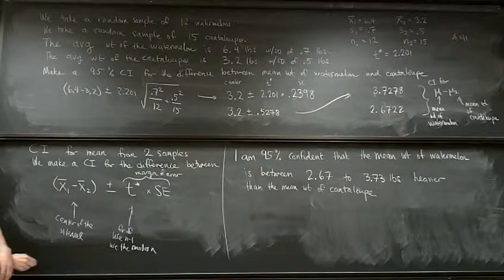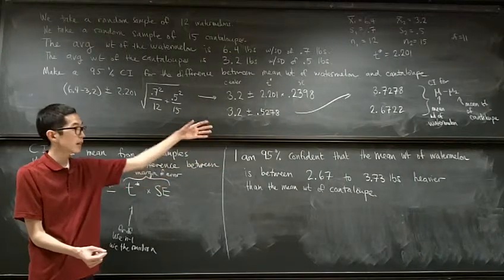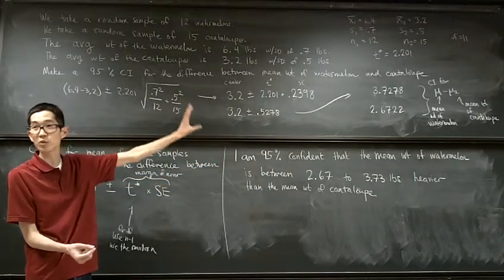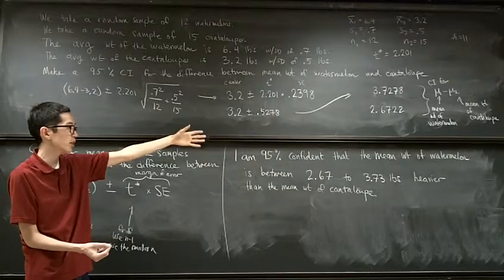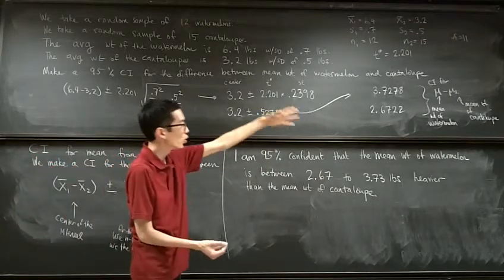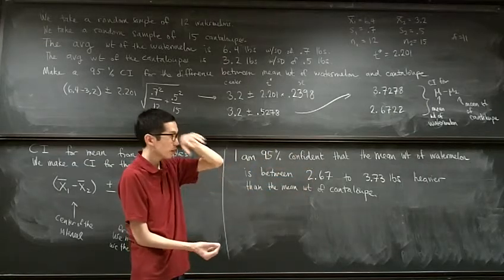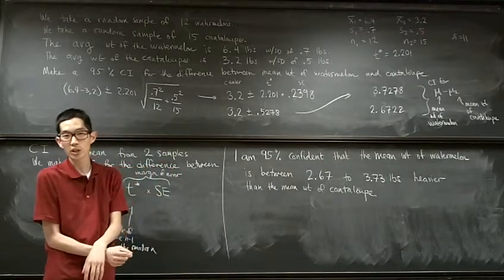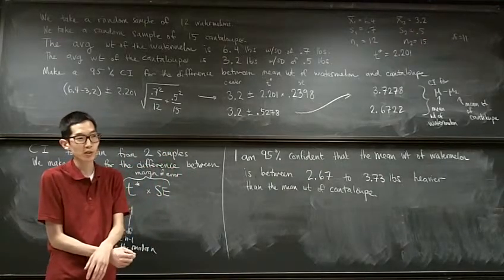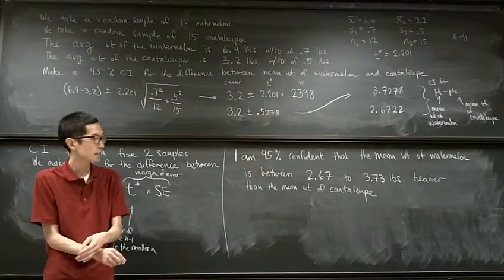Before, we would say I'm 95% confident that the mean weight of this is between this and this. Now, because it's a comparison between mu1 and mu2, I'm 95% confident that the mean weight of watermelon is between this and this, more or less than the mean weight of cantaloupe. Because we got positive numbers here, we'd say heavier or more. If we had gotten negative numbers, then we would have said less. Would both of them be negative?